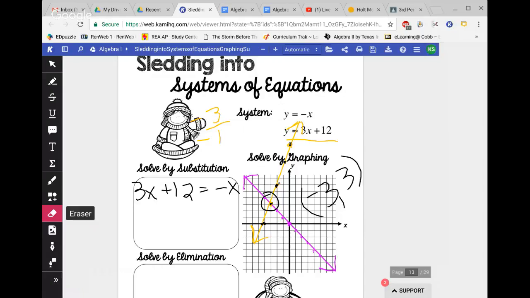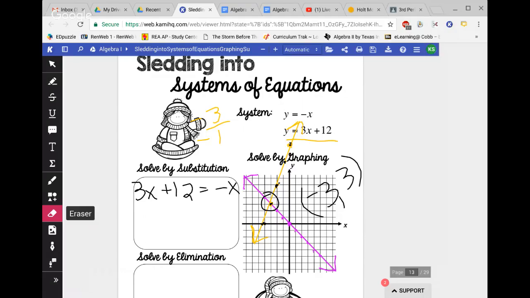All right. Do you see how I set up the substitution? Because I have 2 y= statements, I can set them equal to each other. So what I want to do now is combine my x's.